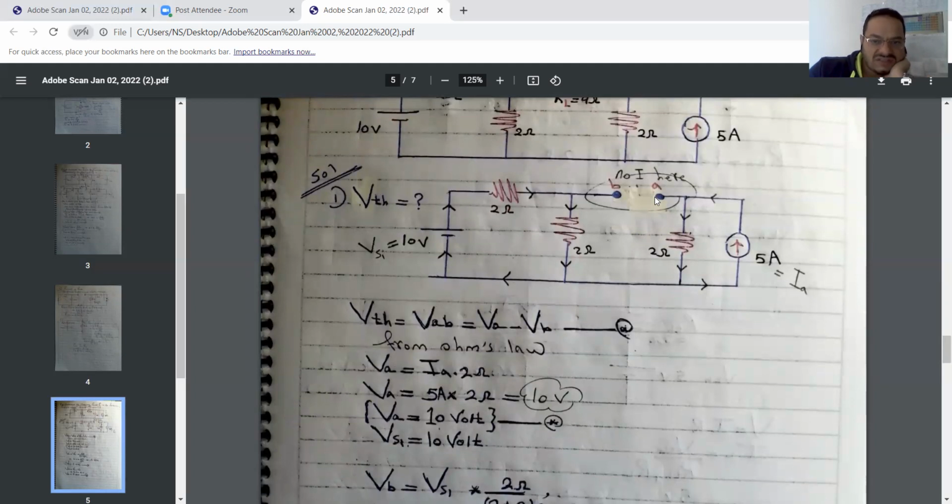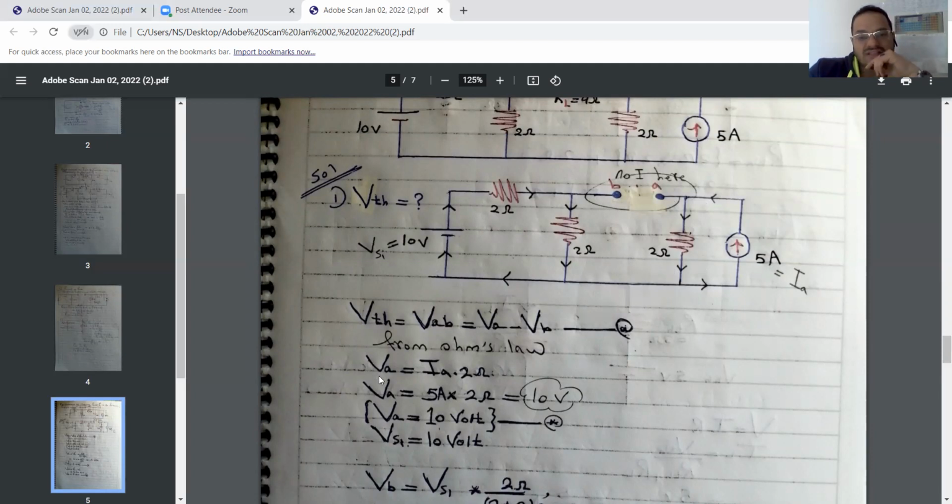Here it doesn't matter to use Kirchhoff voltage law, because here we don't have another current or voltage device, because this way will be easier for us. Here, VA equals the source current dot the resistance.